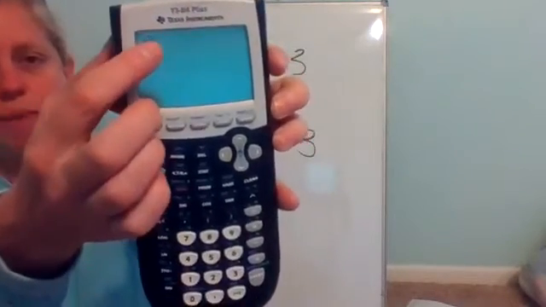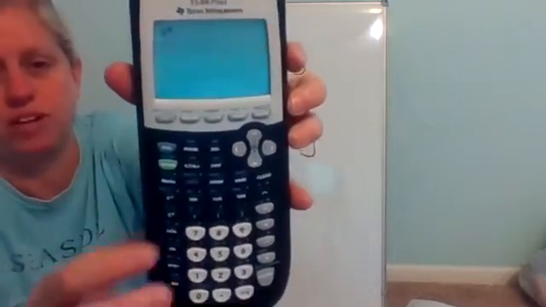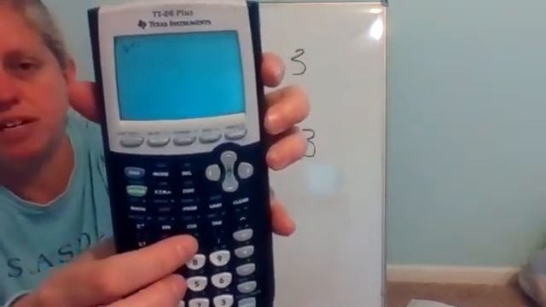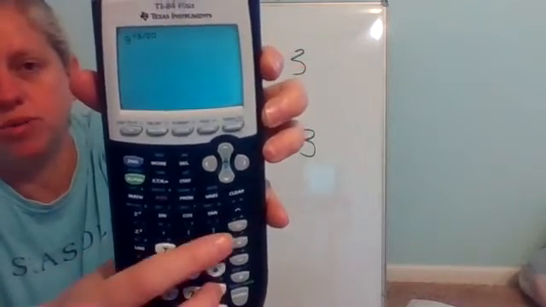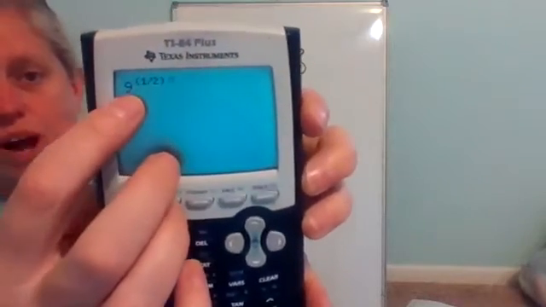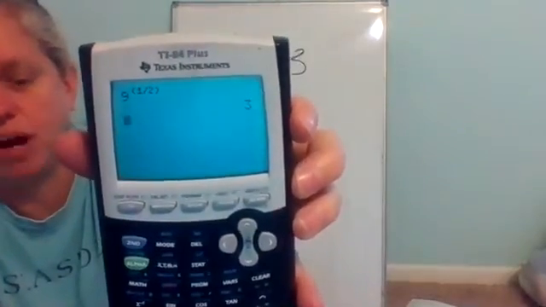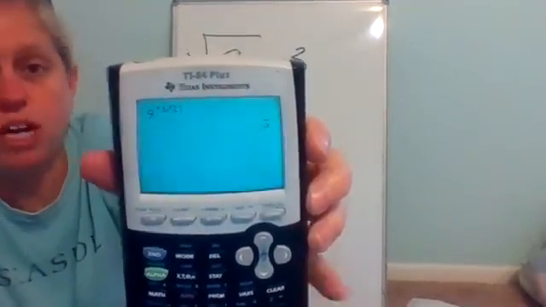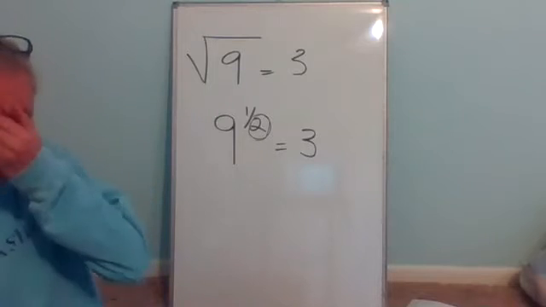So just to be safe, since my exponent is a fraction, I'm going to put parentheses around it. So I'll do open 1 divided by 2, close. So I just raised this 9 to the 1/2 power by going up into that exponent and hitting enter. So you can do all of these in your calculator.